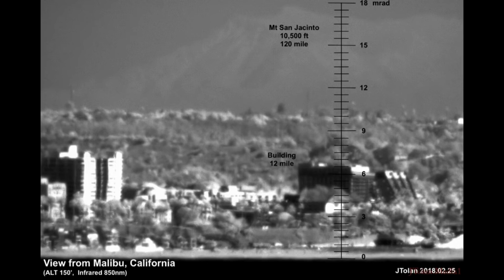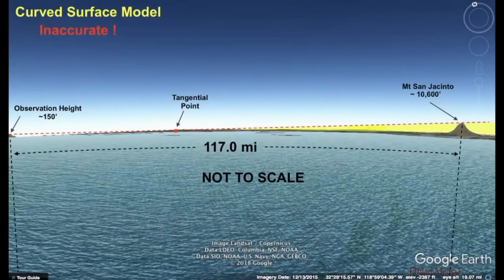And wouldn't you know it, that mountain not only is visible when it shouldn't be, but it's showing up at the correct angular elevation. Simply amazing. Now, if the Earth was curved, we shouldn't see Mount San Jacinto, even though it is 10,600 feet high.